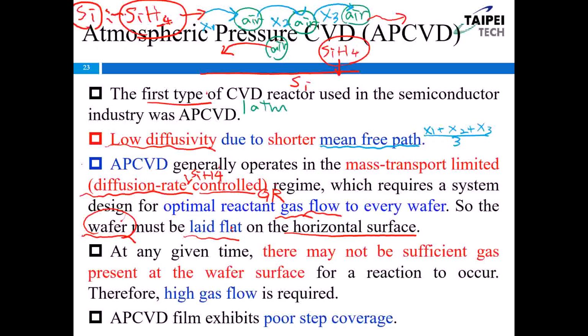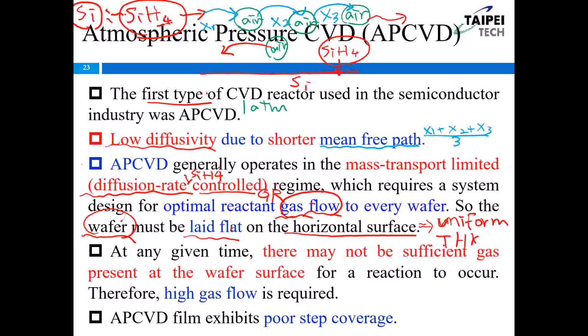So here, we need to make sure our gas flow is uniform in order to have the uniform thickness across the one single wafer.